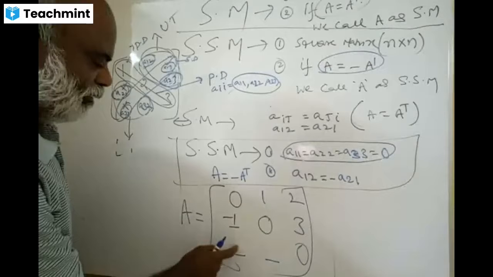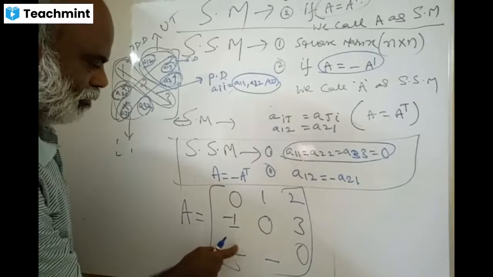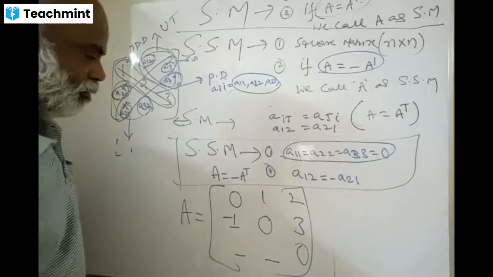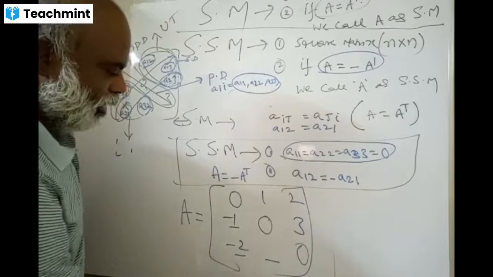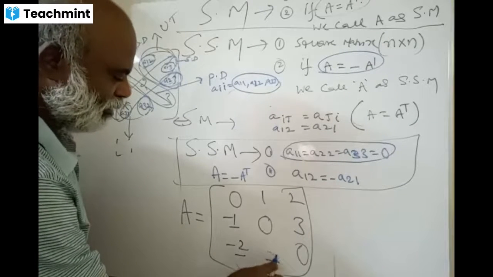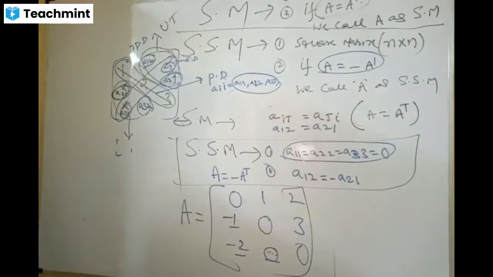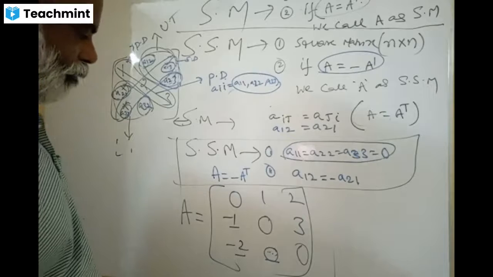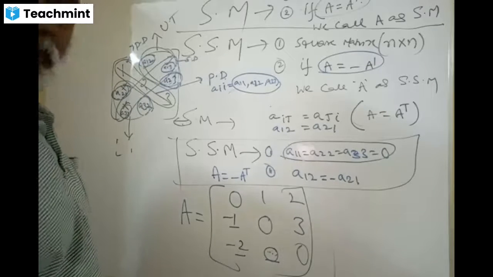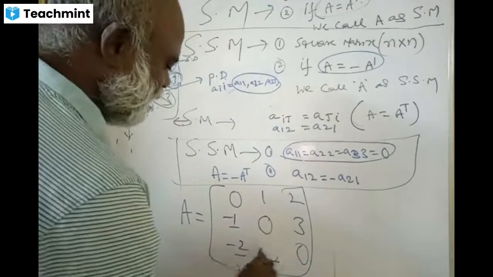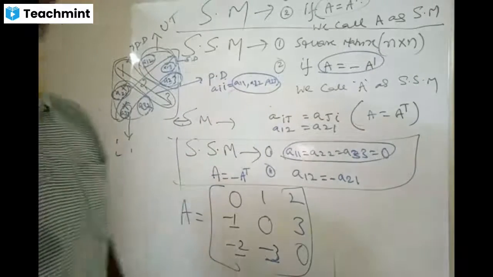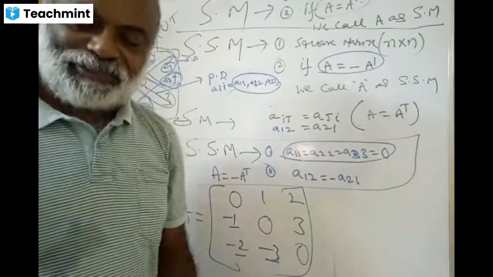What should be here? -2. Dharanya, what should be here? Arpit? -3, sir. Brilliant. See the difference between the symmetric matrix and skew symmetric matrix. Okay?